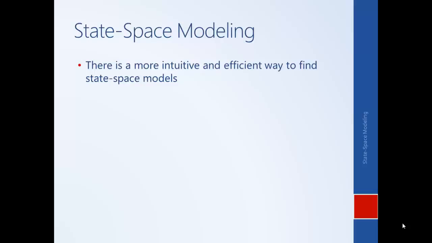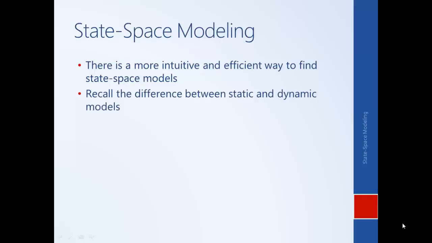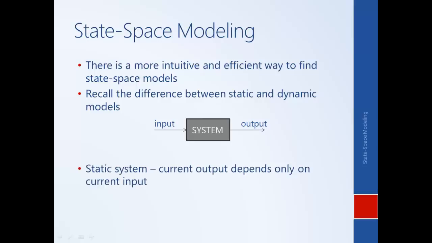In order to understand this approach, we need to recall the difference between a static model and a dynamic model. So consider our system. We understand it in terms of inputs that we put into the system and the resulting outputs that we get out of the system.